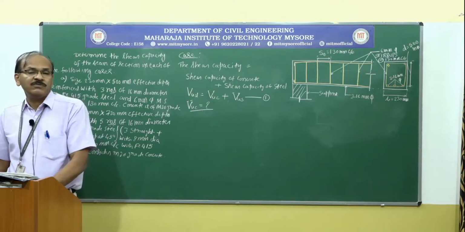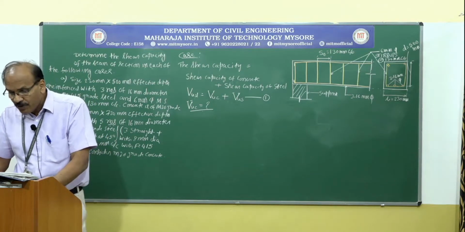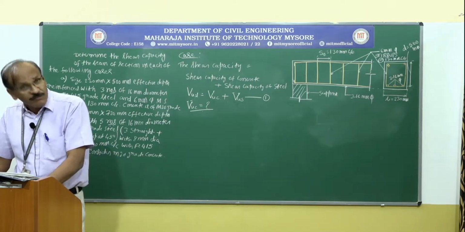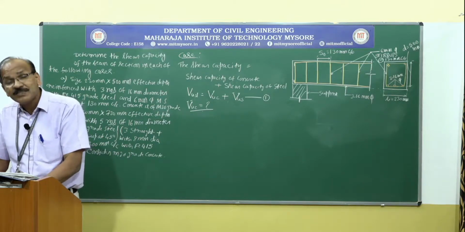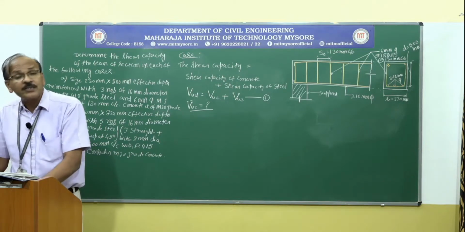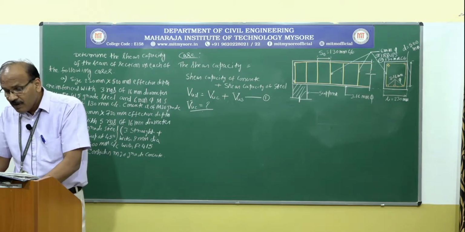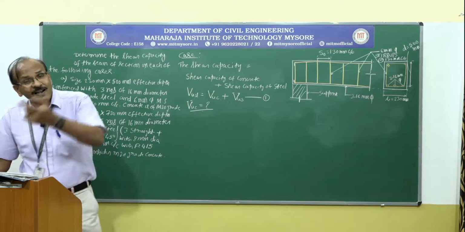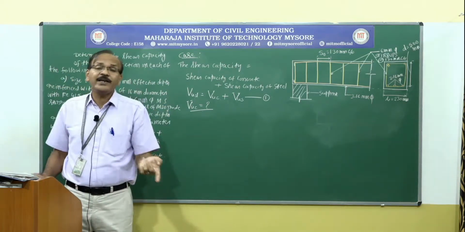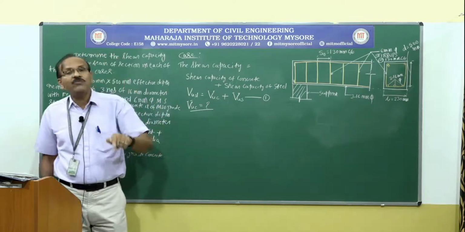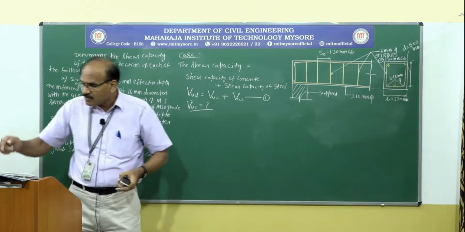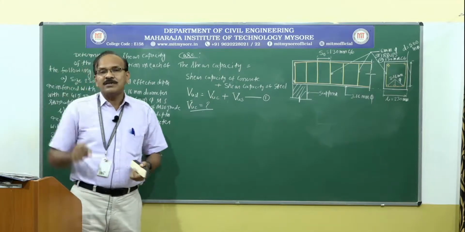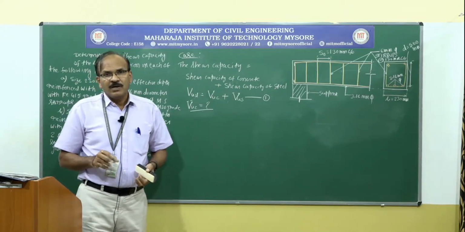We don't have a value for 0.8. So I take the value corresponding to 0.75% of steel, that is 0.56 Newton per millimeter square, and corresponding to 1% of steel, the strength of concrete is 0.62 Newton per millimeter square, and I do linear interpolation to get the value of tau C, the design shear strength of concrete for 0.8% steel. Is it clear to you?